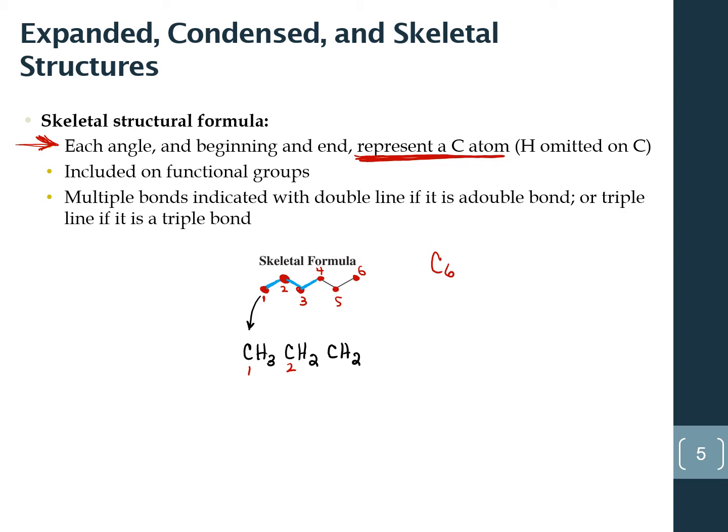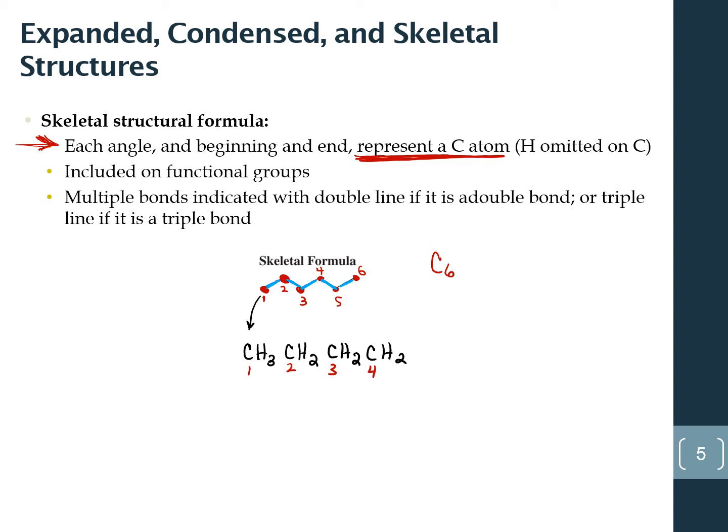Carbon 4, same as carbon 2 and carbon 3. Carbon 4 is bonded to carbon 3 and carbon 5, so you already have 2 chemical bonds, and what it is missing to complete the octet is 2 more bonds. Those 2 bonds are 2 hydrogens. So that's your number 4.